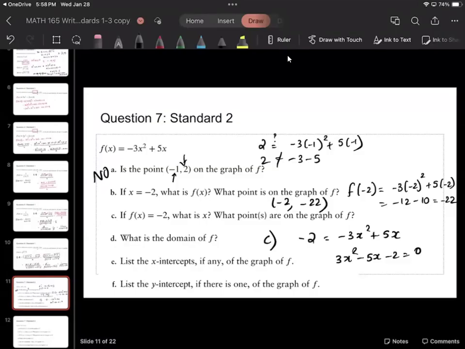And then let's factor, right? 3x is common, x minus 2 plus 1 times x minus 2. So basically the factors are x minus 2 and 3x plus 1.